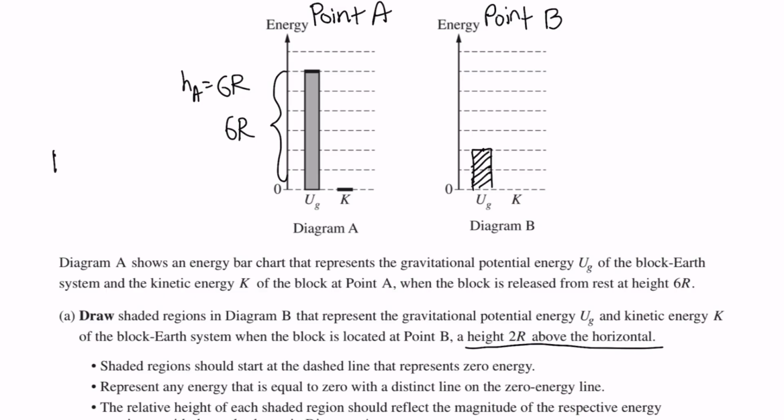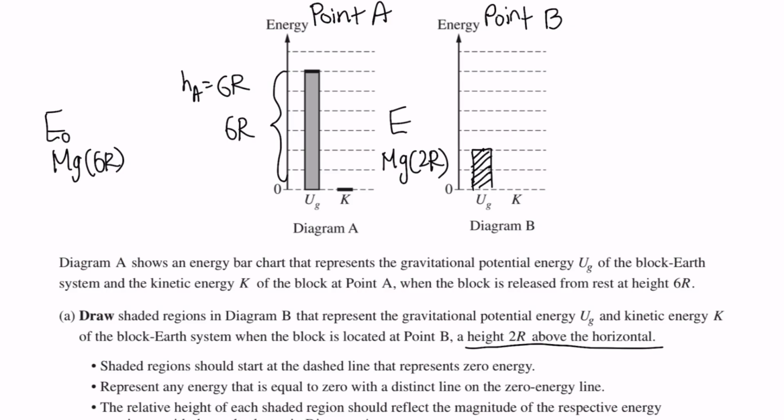Initially it has potential energy mg times 6r, but now it has potential energy mg times 2r, and the ticks perfectly represent that. Since we know that energy is conserved, and there's no work being done on the block-Earth system, the initial energy must be equal to the final energy.